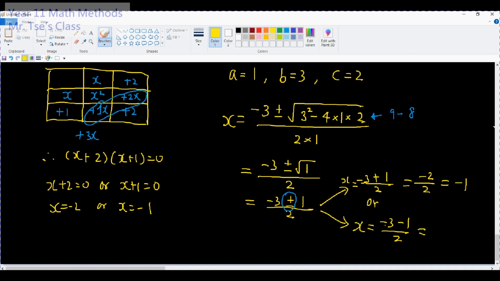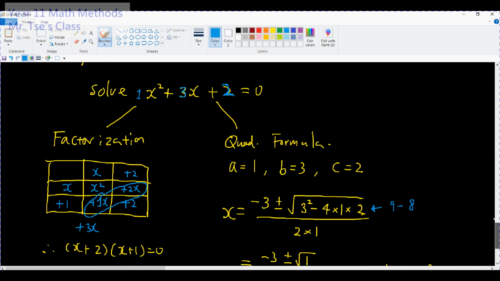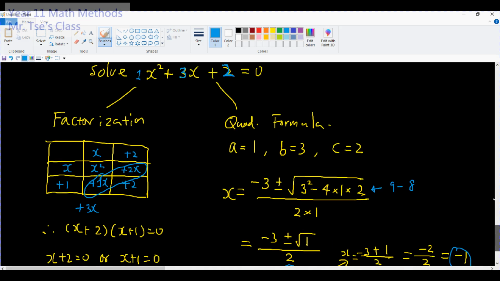For the second one, minus 3 minus 1 is minus 4, divided by 2, so that's minus 2. When you compare these answers with the ones we got in the previous method, they are the same. So that's why the quadratic formula can get the same answer as the factorization method did.